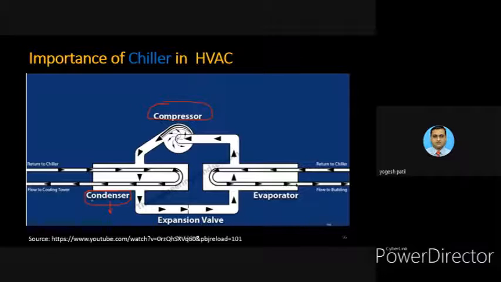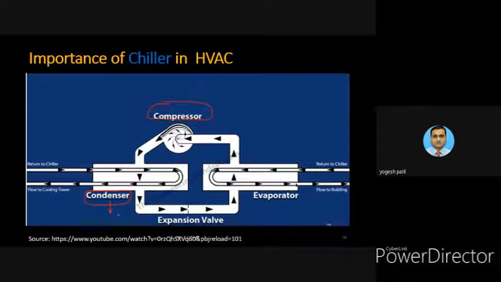If the condenser functions with the cooling tower, then we call that chiller a water cooled chiller. If the condenser does not function with a cooling tower but uses a fan, then we call that chiller an air cooled chiller.